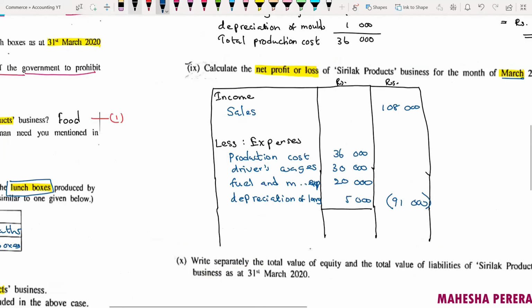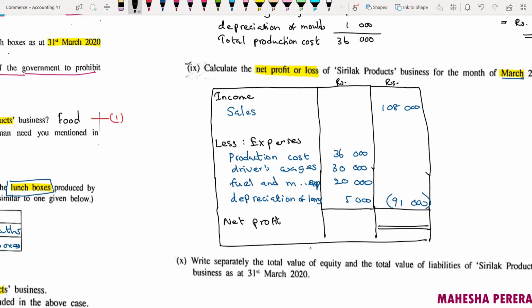Then you get your profit or loss. Obviously, income is greater than expenses, so we can call it a net profit. How much is the net profit? It's 17,000 rupees.